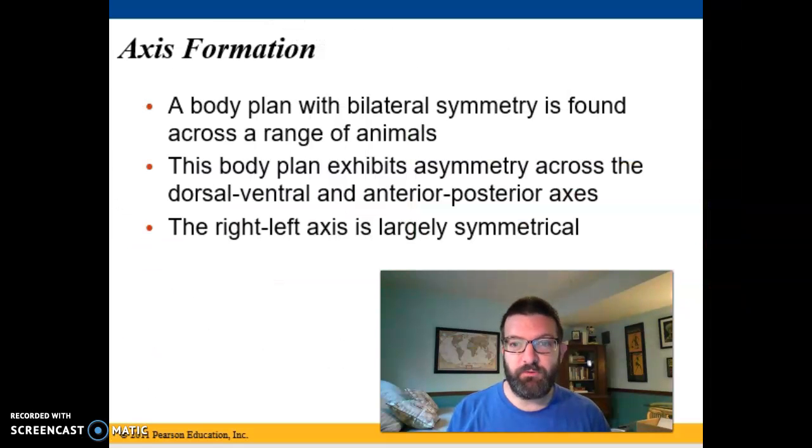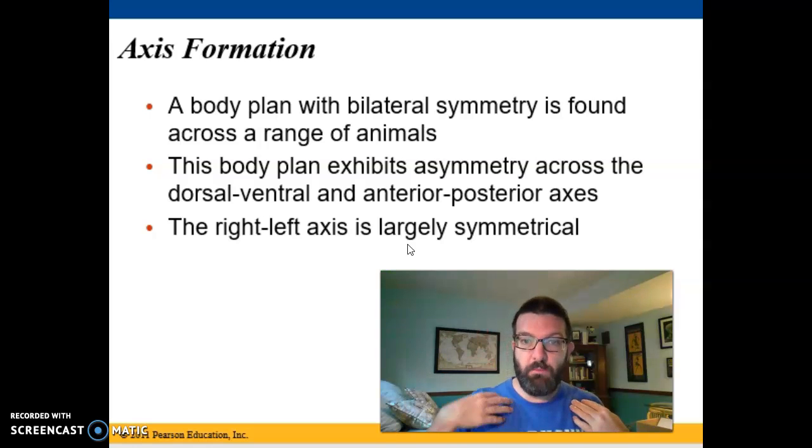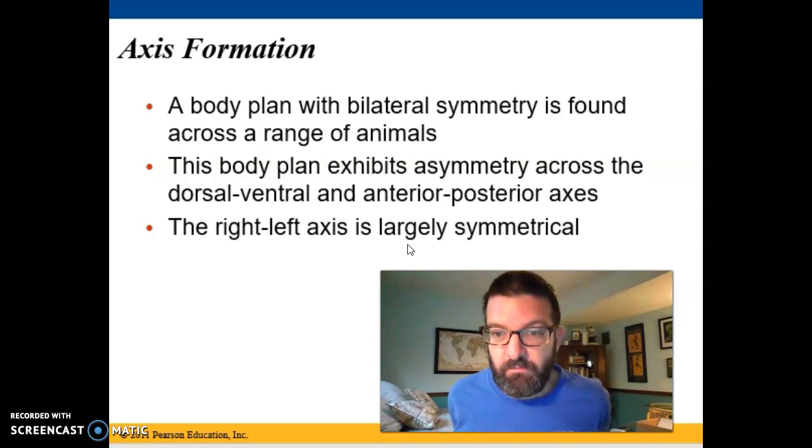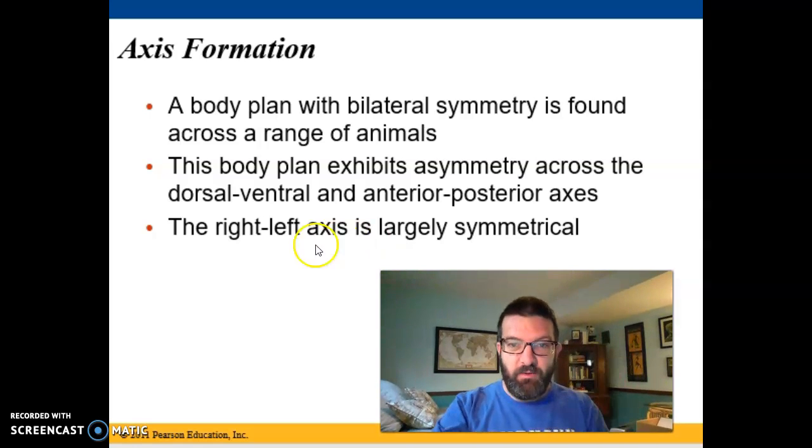In bilaterally symmetrical animals, which is most animals, you begin forming those axes early on in development. So if you are bilaterally symmetrical, your left-right axis is largely symmetrical, right? My left side is essentially the same as my right side. But my dorsal side and ventral side are not the same. And my anterior side and posterior side, which I won't put on the camera, are also asymmetrical from one another.